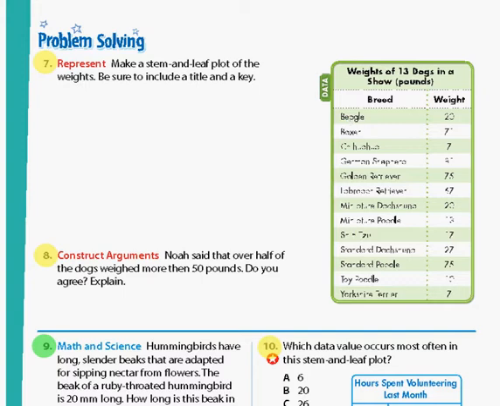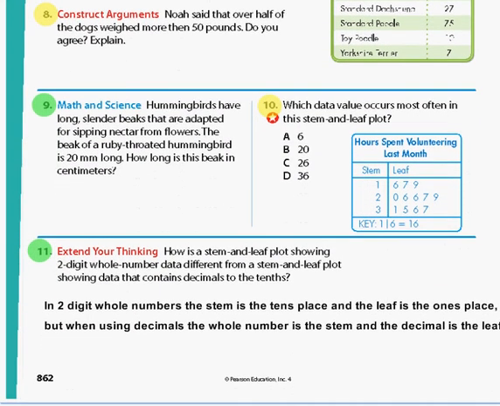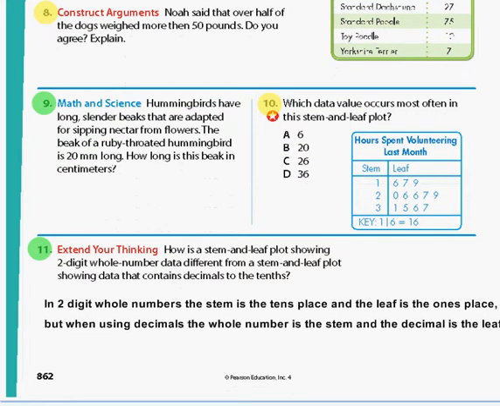And question number 9. We're going to do this one together because we haven't really talked about converting measurements too much yet. It says the hummingbirds have long, slender beaks that are adapted for sipping nectar from flowers. The beak of a ruby-throated hummingbird is 20 millimeters long.